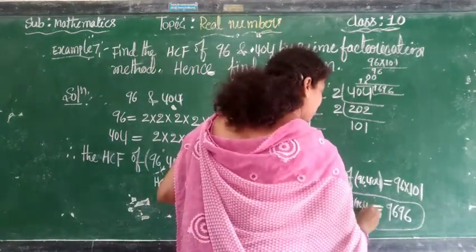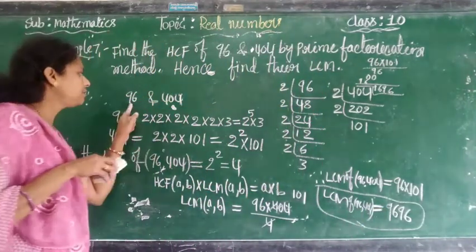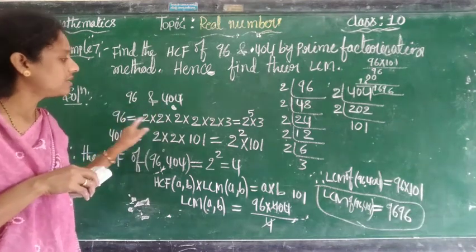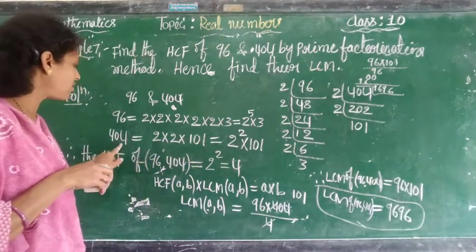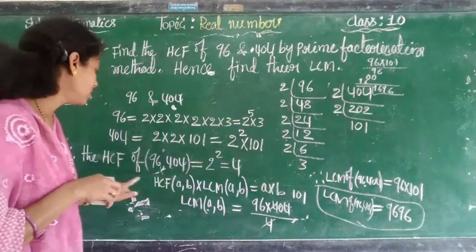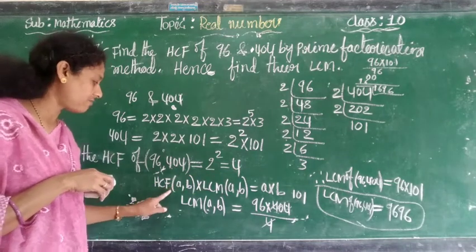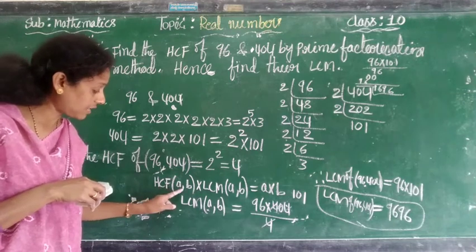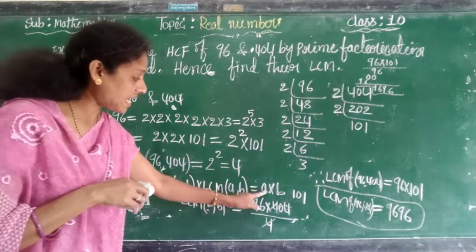So, dear students, once again, 96 can be written as 2 to the power of 5 into 3, and 404 can be written as 2 to the power of 2 into 101. So the HCF of 96 and 404 is 4. Therefore, for any positive integers, HCF of a comma b into LCM of a comma b is equal to a into b.